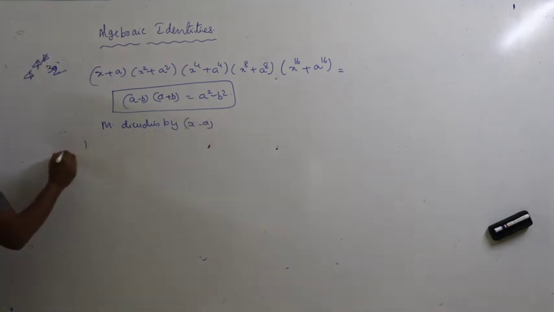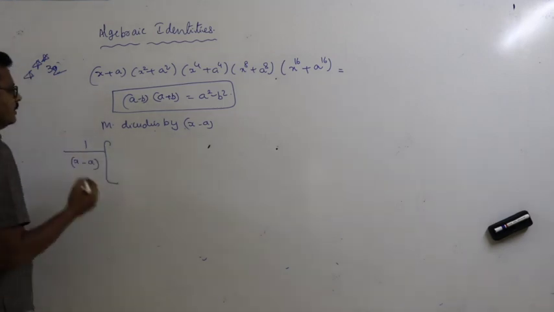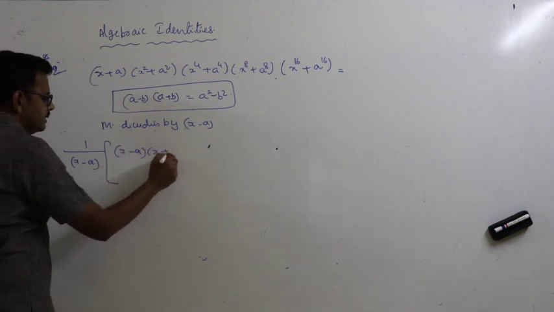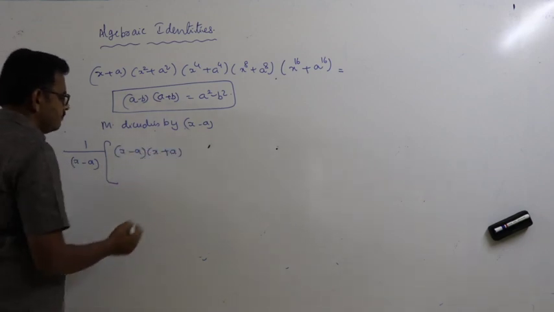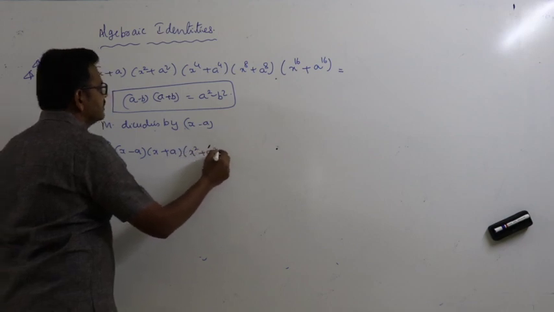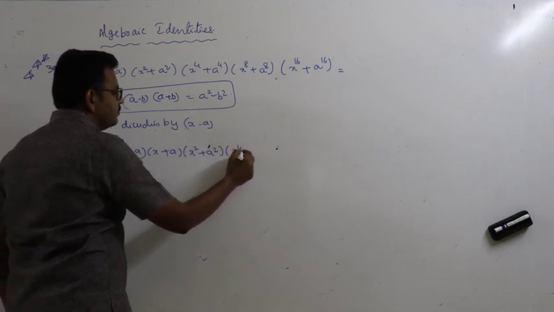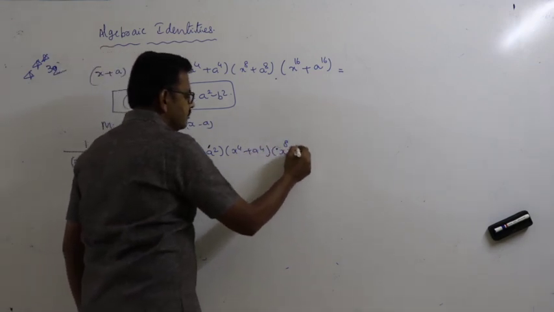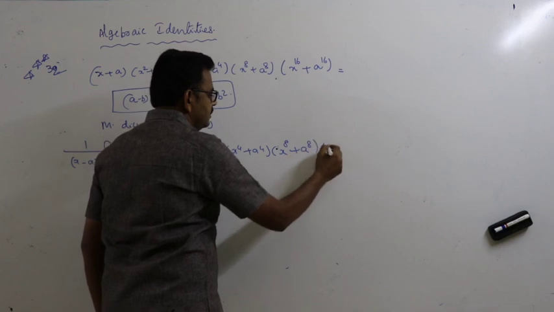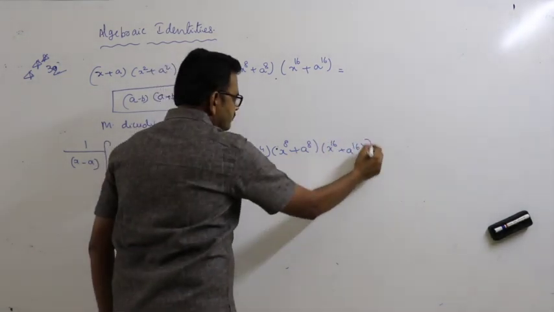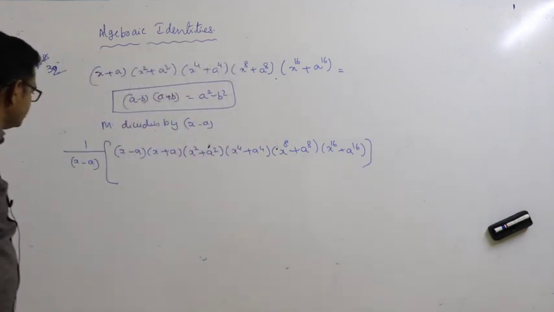So 1 by x minus a into x minus a into x plus a into x square plus a square into x power 4 plus a power 4 into x power 8 plus a power 8 into x power 16 plus a power 16.